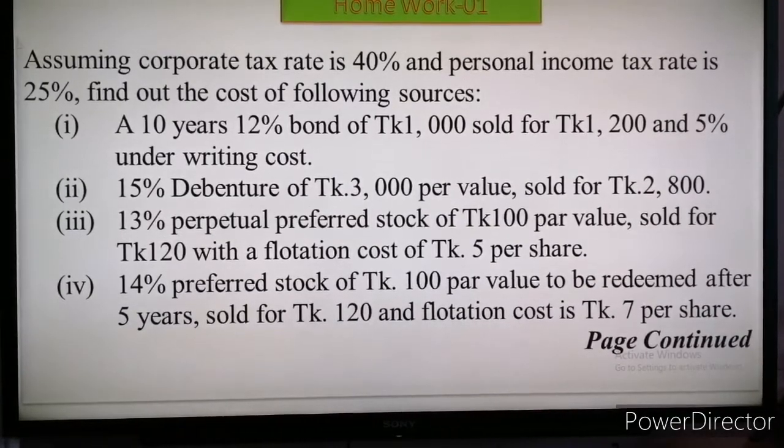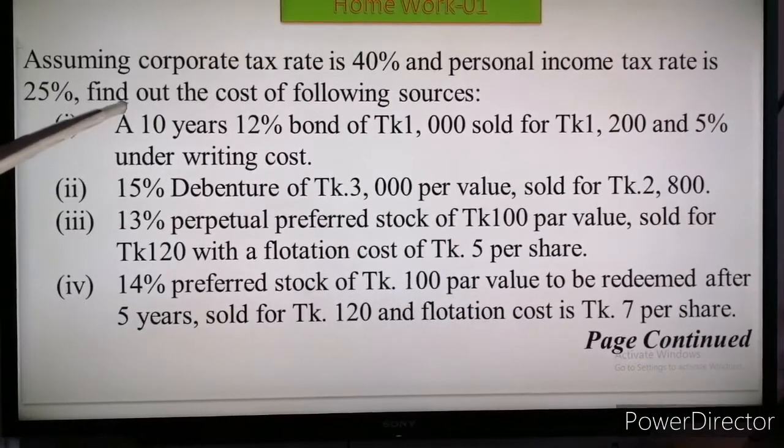Assuming corporate tax rate is 40% and personal income tax rate is 25%, find out the cost of following sources. 1: A 10 years 12% bond of taka 1000 sold for taka 1200 and 5% underwriting commission. Underwriting commission means flotation cost. You have to find the cost of debenture.